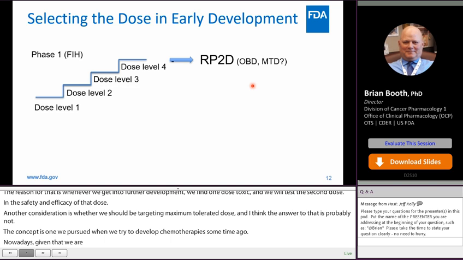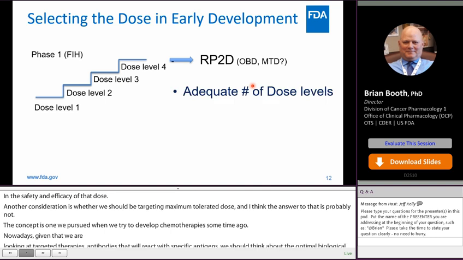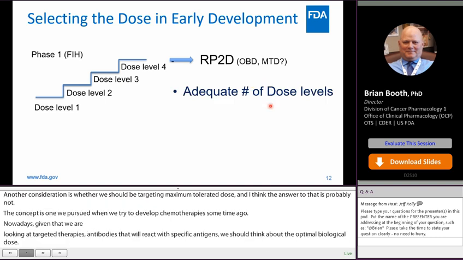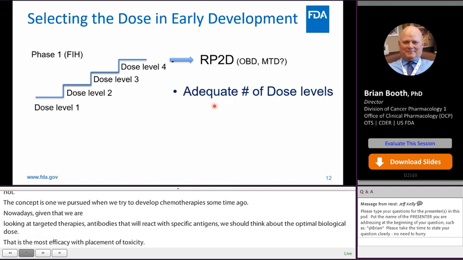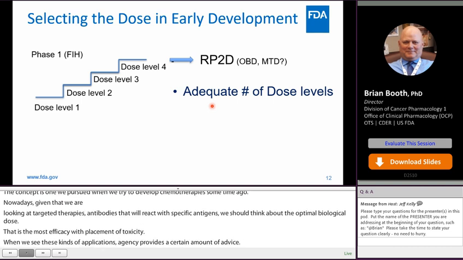So when we see these kinds of applications at the agency, we provide a certain amount of advice. And so the first of those is really to make sure that you incorporate an adequate number of dose levels so that you can really distinguish between the activity and the safety of the product.